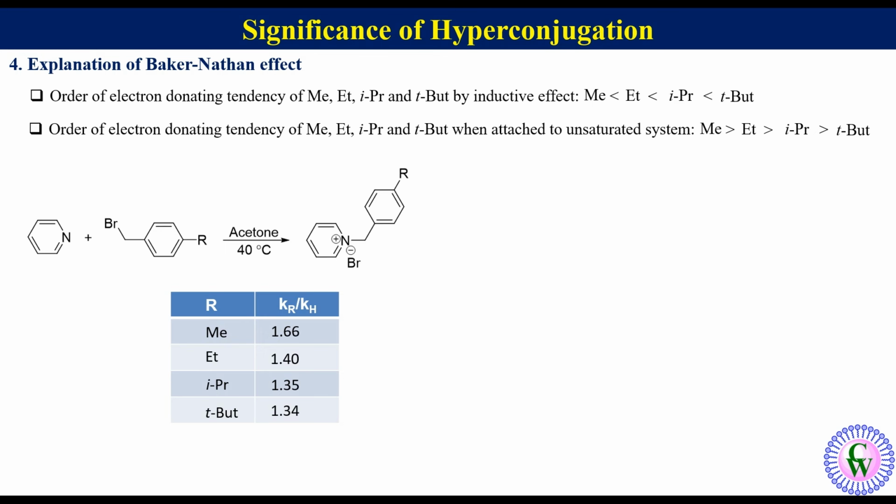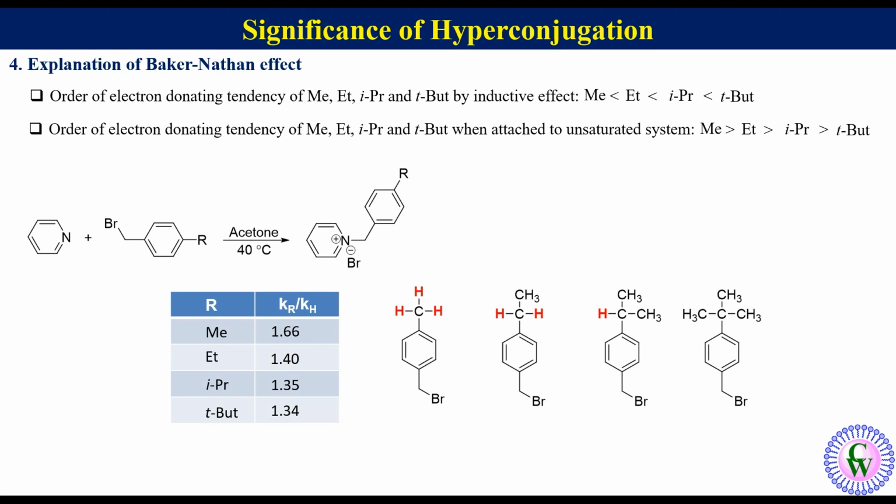This order was explained based on hyperconjugation. Here we can see that 4-methyl benzyl bromide, 4-ethyl benzyl bromide, 4-isopropyl benzyl bromide and 4-tert-butyl benzyl bromide respectively have 3, 2, 1 and 0 hydrogens for hyperconjugation.